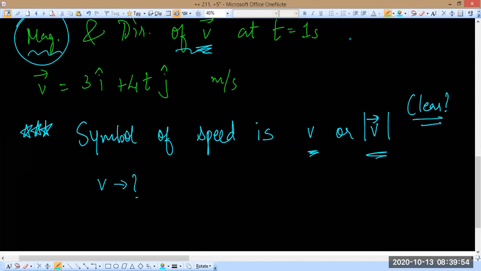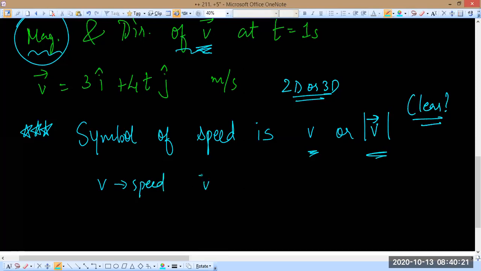V is the symbol of, yes. Okay, so generally when we are talking about 2D or 3D, then we say that only writing V means speed.